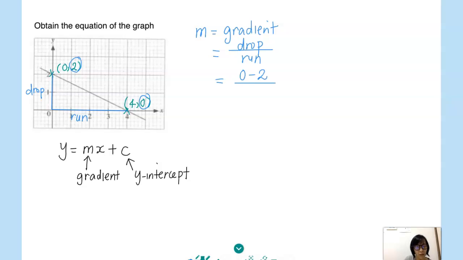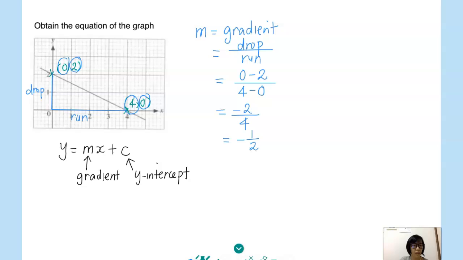Then to get the run, I will use 4 minus 0. So far so good. And here we will have minus 2 over 4. And this will give me negative half.